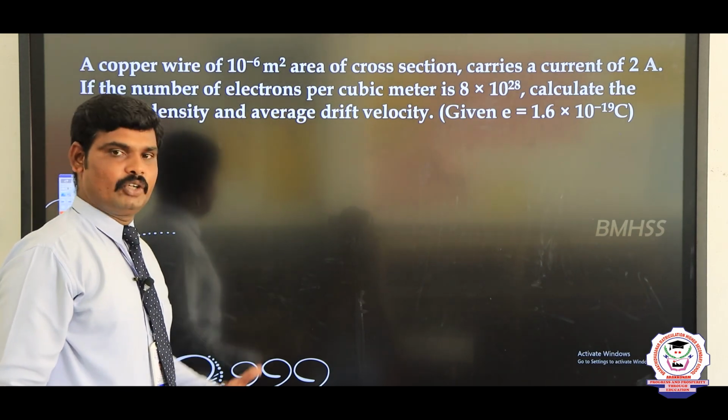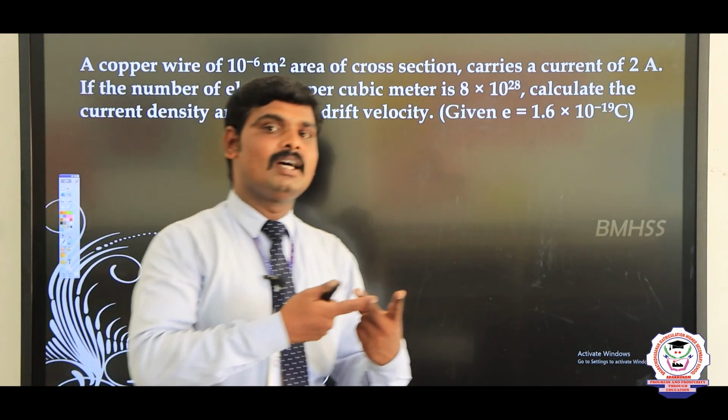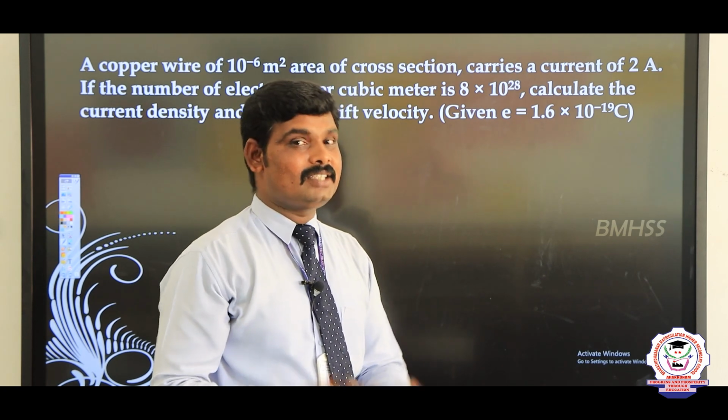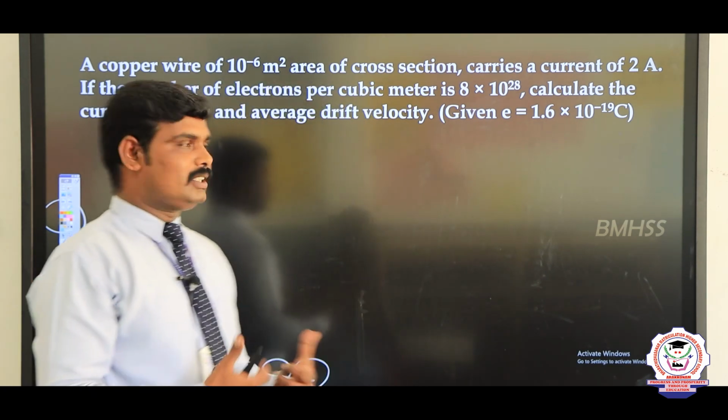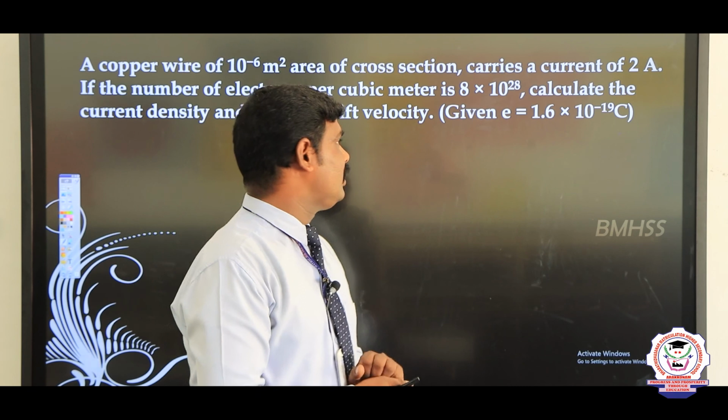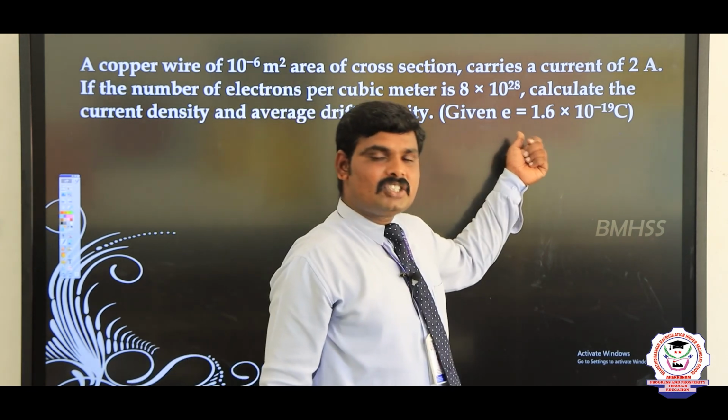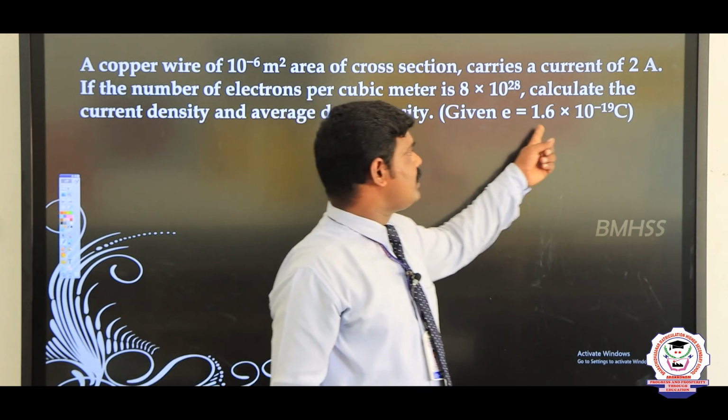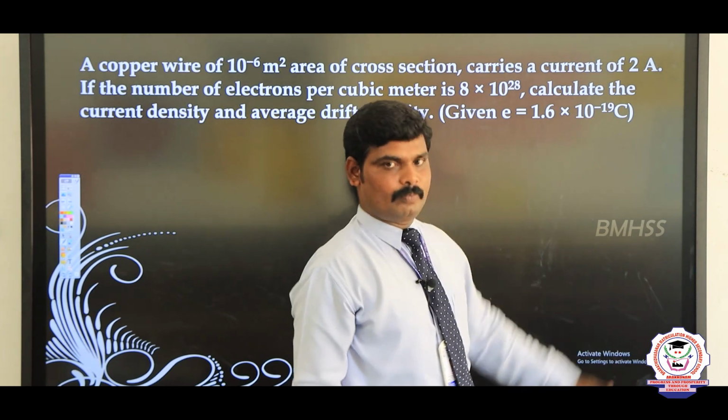So we should find two things: current density and drift velocity. This is I think a very easy question. The charge of the electron is given as 1.6 into 10 to the power minus 19 coulomb.